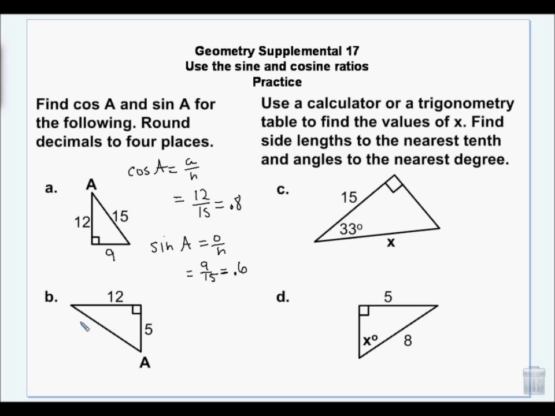Okay, I'm going to need to find the hypotenuse. So 5 squared plus 12 squared equals c squared. So 25 plus 144 is equal to c squared. So 169 is equal to c squared. So c is 13. So this right here is 13.